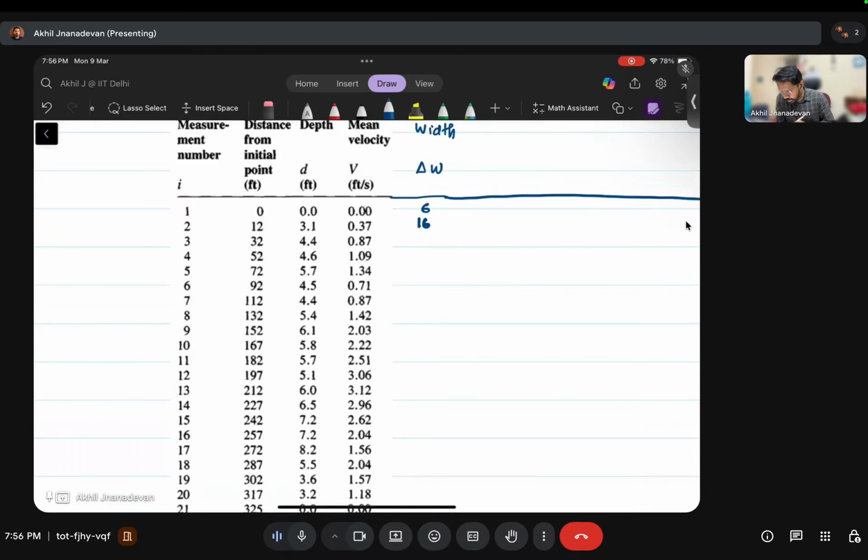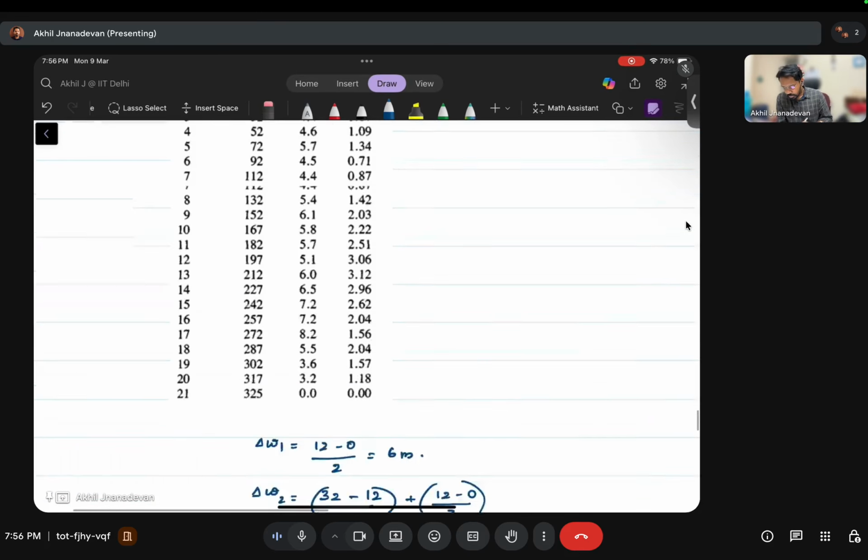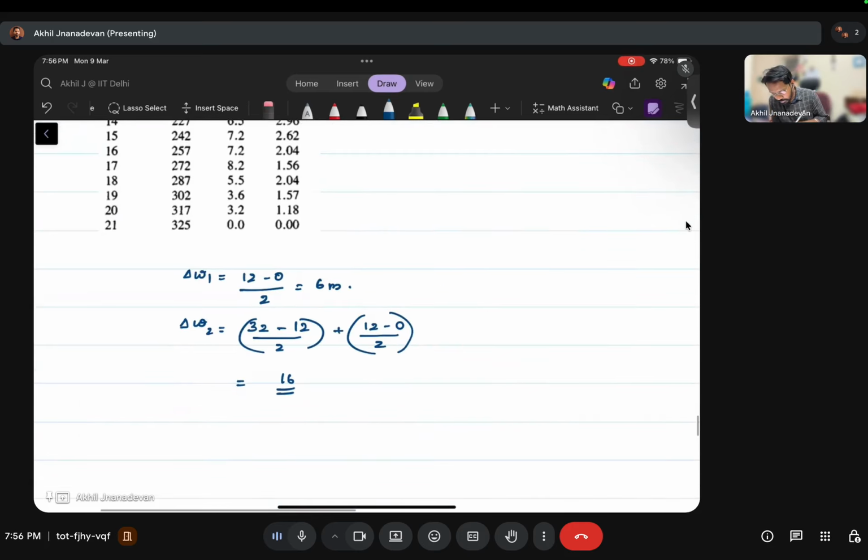Similarly, in the next case, we have 52 minus 32 by 2 plus 32 minus 12 by 2. Here also delta W3 will be shown.